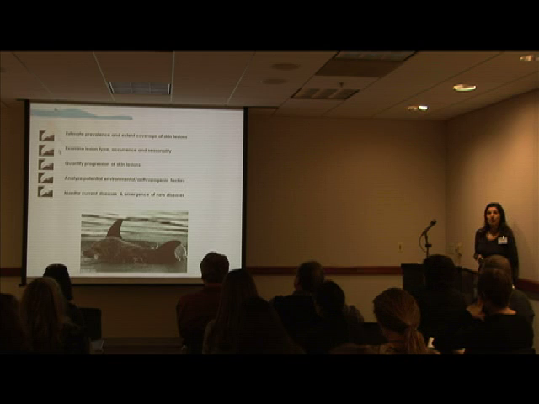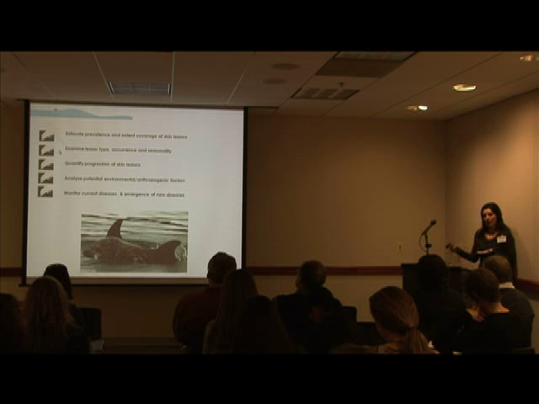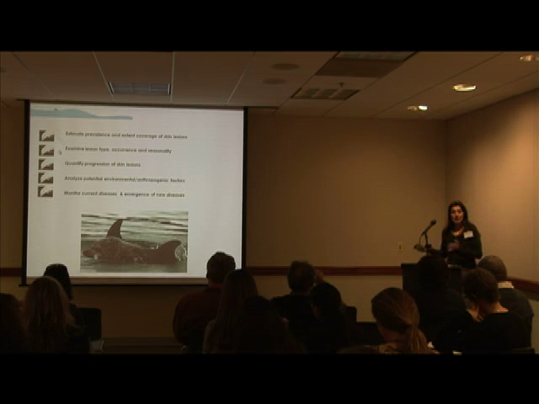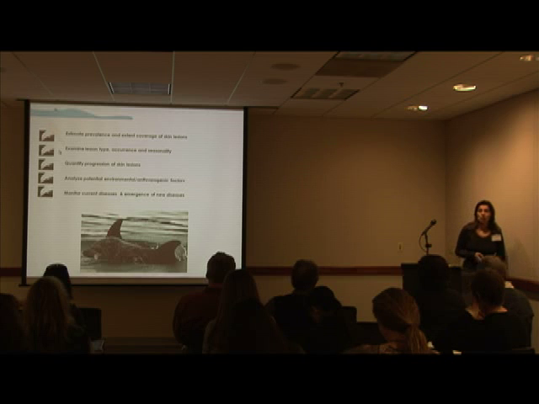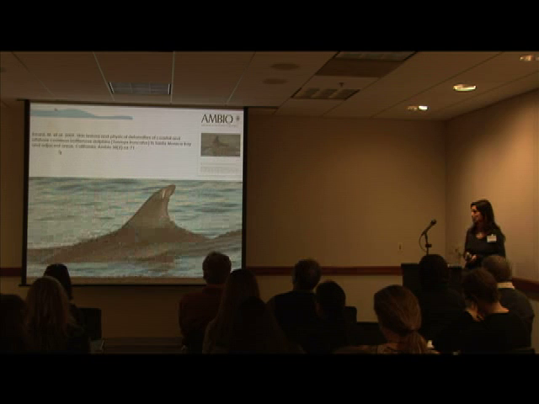You can calculate and look at the prevalence and extent of the skin lesions, look at their occurrence and seasonality. You can look at the progression of these diseases, try to better understand what the anthropogenic and environmental factors involved are, and most of all, monitor these current diseases and whether we have the emergence of new diseases.